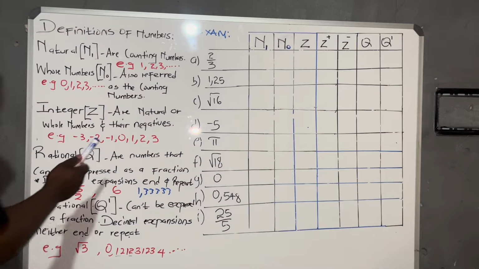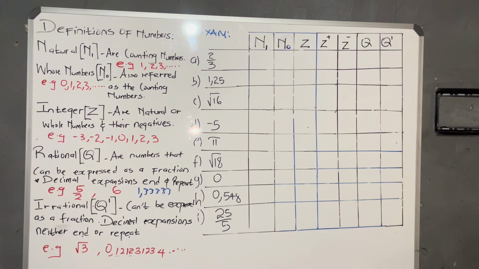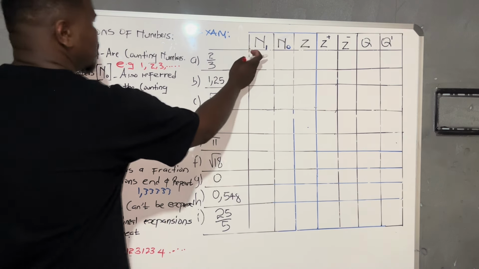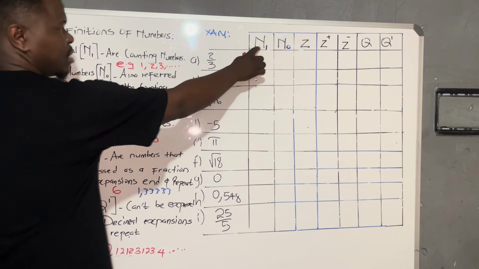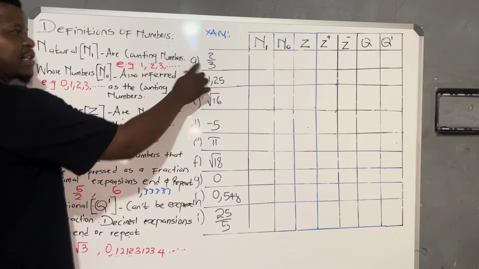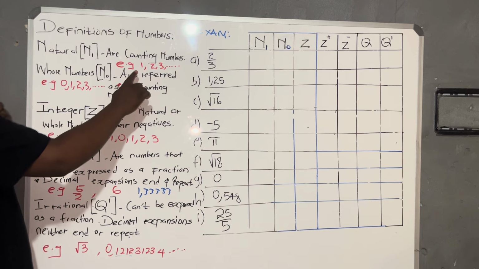Let's go back. I'm going to use different colors to say no to the ones that I feel are not suitable. I'll start here. This is not a natural number. I cannot use a fraction to count. We explained.